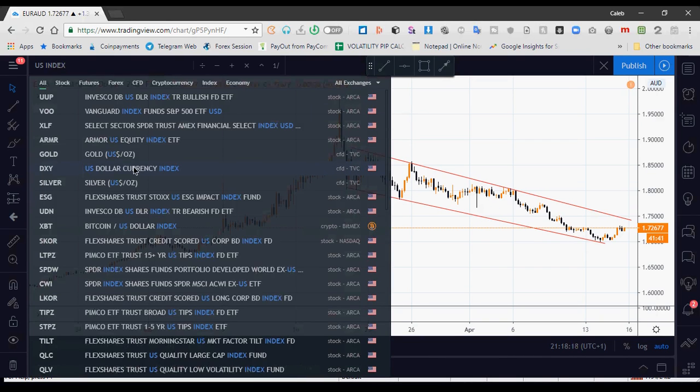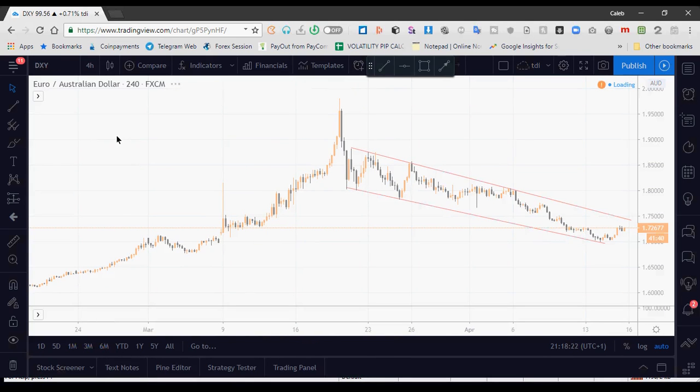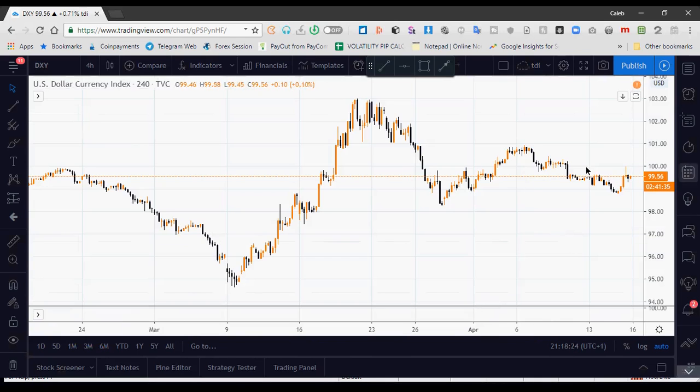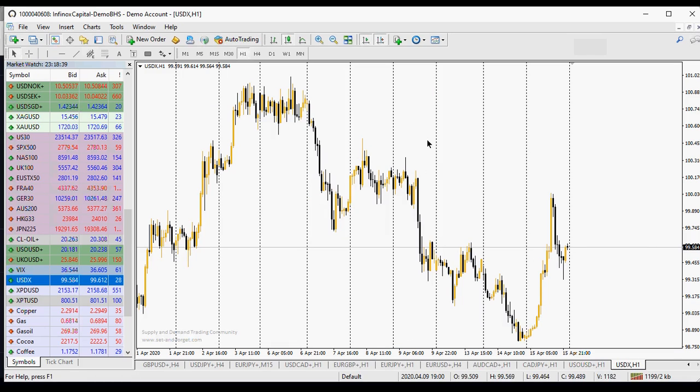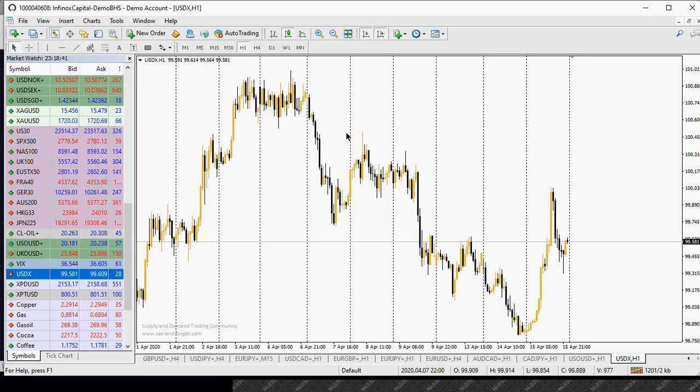That's just the US dollar currency index, called DXY here. Same chart. But our broker has it, so you don't have to come to TradingView to see the US index. Good enough, we have it on MT4.